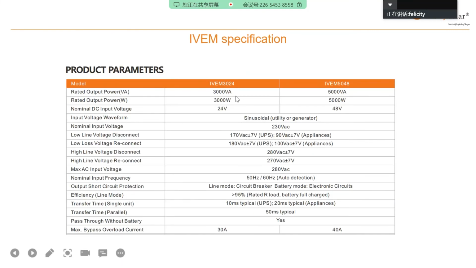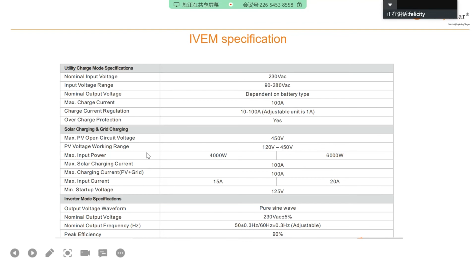And next is the IVEM. IVEM is the new design, and the function is more powerful. First, the PV input. This is our first version. In the first version the PV input maximum voltage is 450.